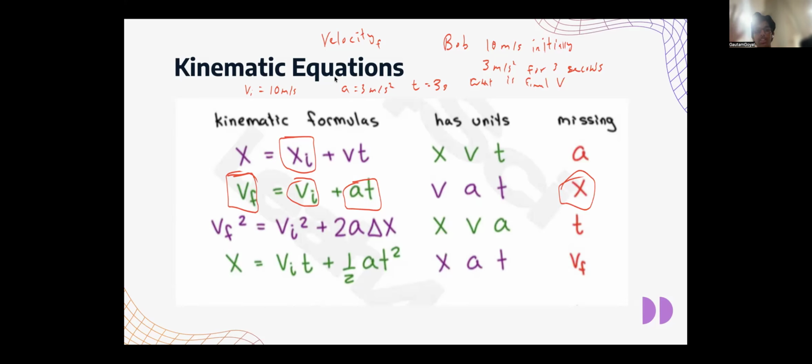I just want you to get an understanding of what these equations are. Okay, the last two are the trickiest. You guys are going to really have to focus in. These two you're going to have to create. You can't think about these as logically as the other two, where you could say, if someone's going 3 meters per second for 3 seconds, he went a distance of 9 meters.